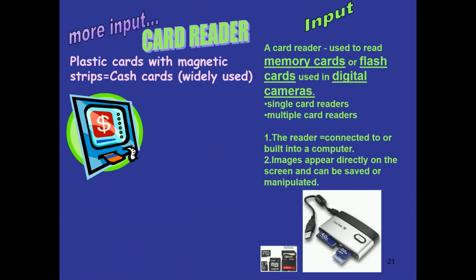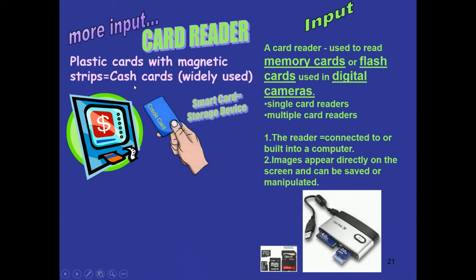That strip is magnetic. So let's say it's a credit card or a debit card, the one you use at the till or the ATM. That one is called a smart card. That's a storage device. So the card reader, the one you put the card in, that is the input device.